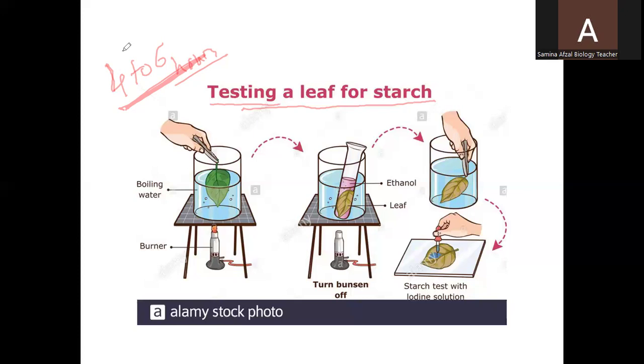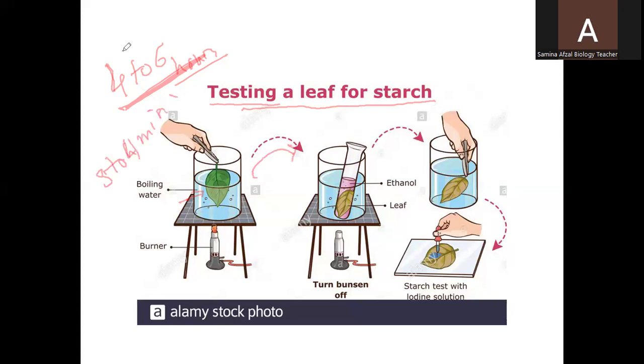In this way, all chemical reactions will be stopped. You know, in boiling water, all enzymes will be denatured and there will be no reaction inside the leaf. Boiling for 3 to 4 minutes is enough.